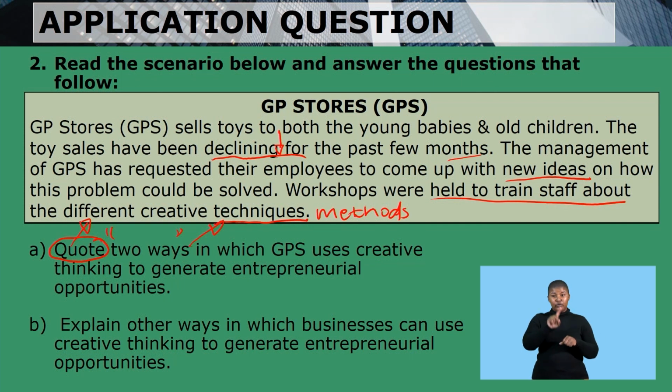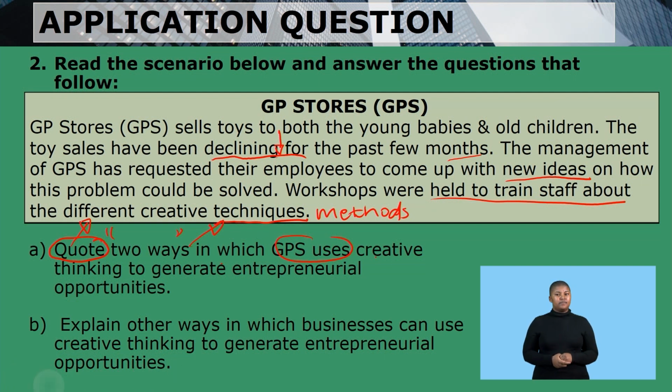The second question says, explain other ways in which businesses can use creative thinking to generate entrepreneurial opportunities. Now, I hope you've already identified or quoted 2 ways from the scenario in which this company or this store uses creative thinking to generate these entrepreneurial opportunities.